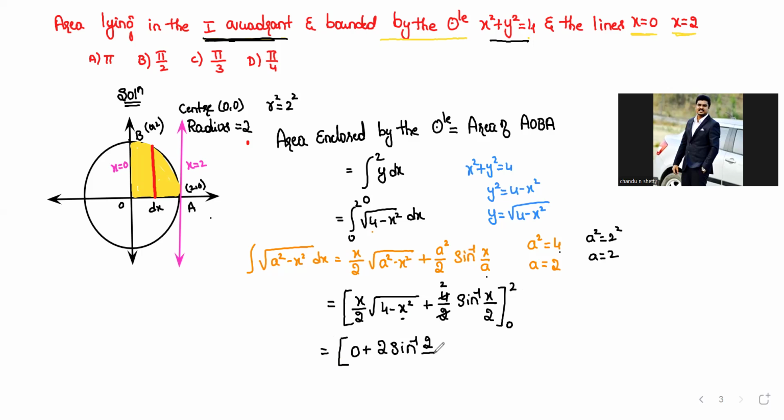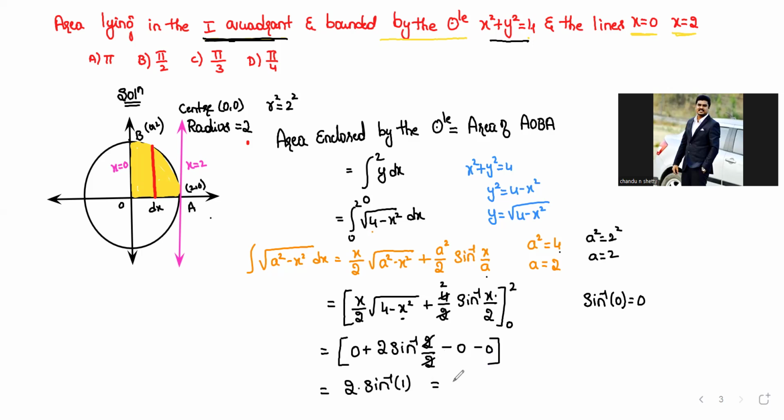Then the lower limit, when you apply it here, is always minus. 0 by anything is 0, so sine inverse of 0 is 0, so I'm taking 0 only. Clear. So 2 cancels, we get 2 into sine inverse of 1.